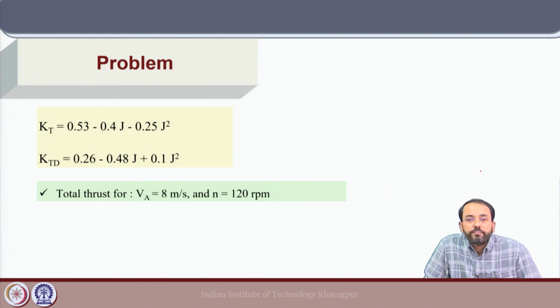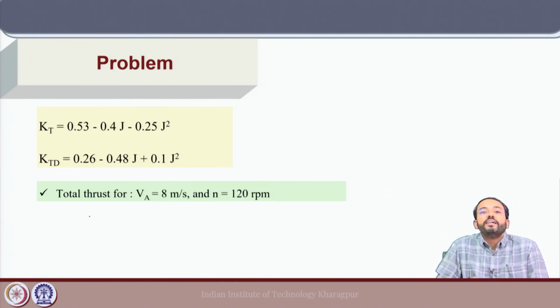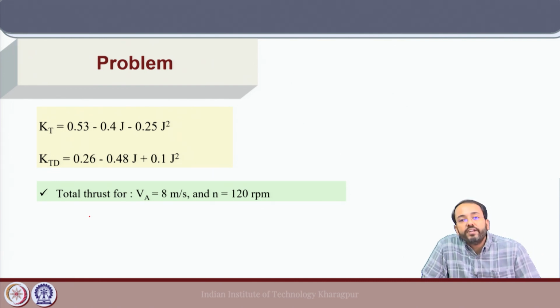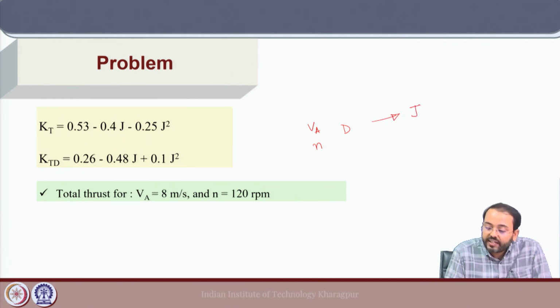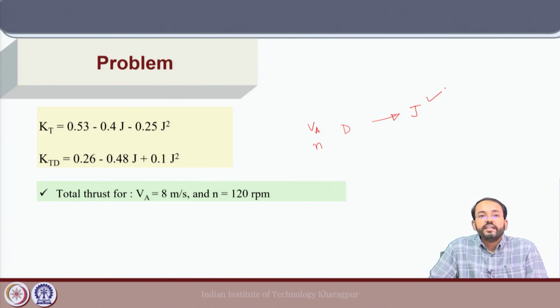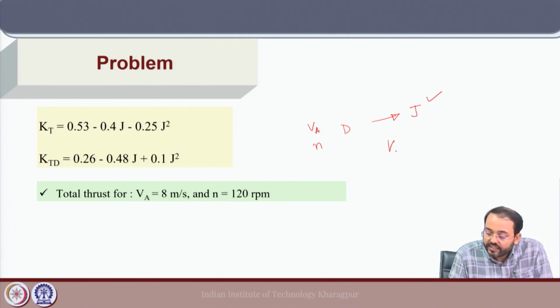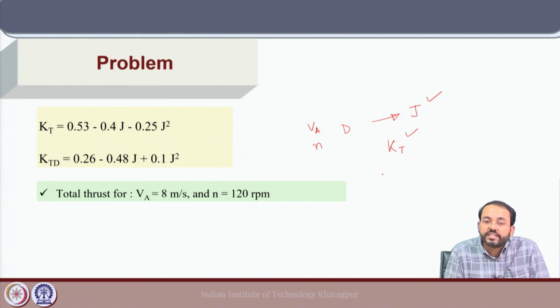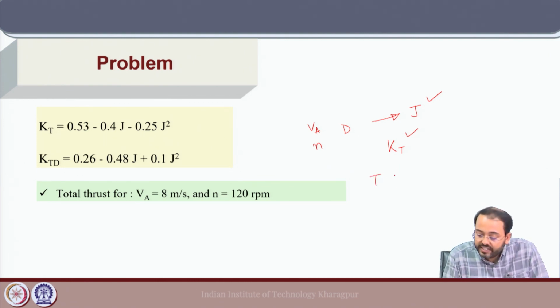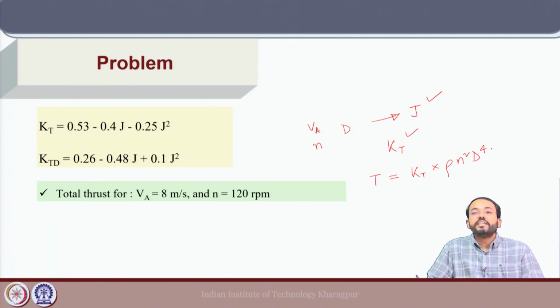Now, the third part of the problem, here we are required to calculate the total thrust for a given combination of VA and N. So, for this VA and N combination, we can use the propeller diameter to get the advance coefficient J. If J is calculated, using that value of J, we can calculate the total thrust coefficient KT, and from the total thrust coefficient KT, we can get the total thrust T is KT multiplied by this expression.